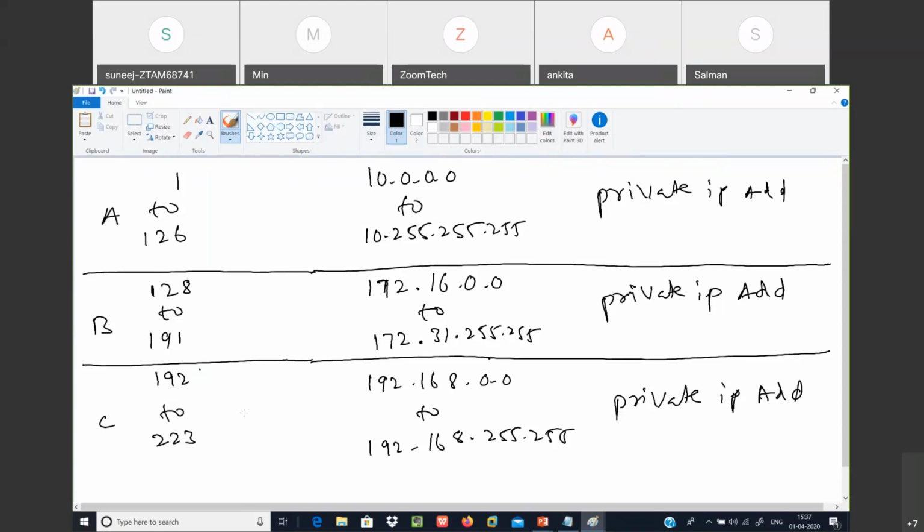Now we have clarification, right? So which IPs are private IPs and which IPs are public IPs. Other than private IP addresses, all the remaining IPs are public IP addresses, which are registered from the service provider. So those IP addresses we need to purchase from internet service providers.